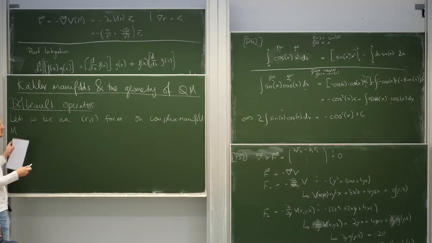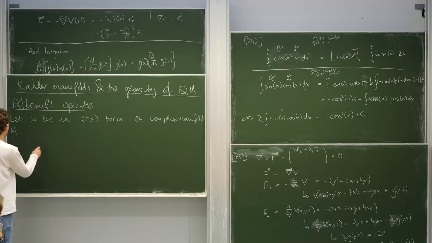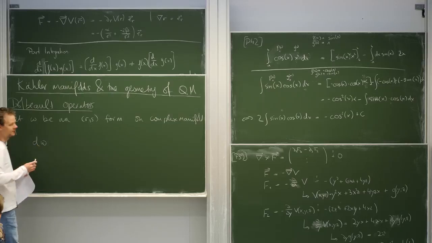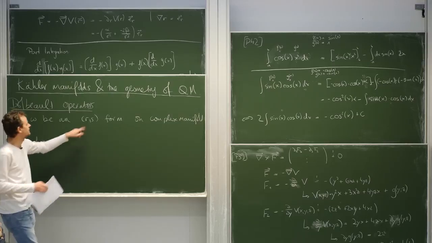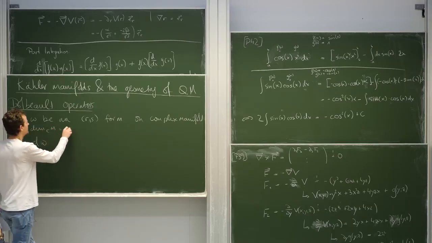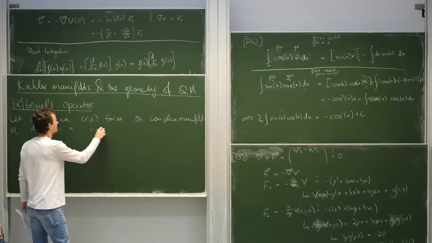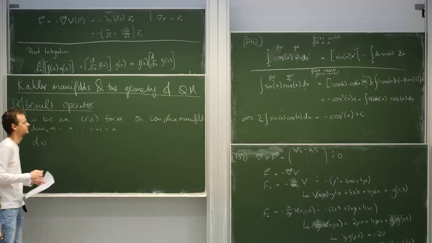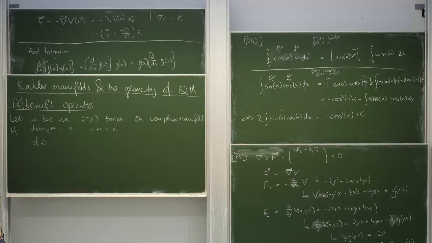If we think of our complex manifold M just as a real manifold with some extra structure on it, you can, as before, compute the exterior derivative of that form. If the complex dimension of our manifold is n, and R plus S is n, then we should have a 2n plus 1 dimensional real form coming out of this thing.